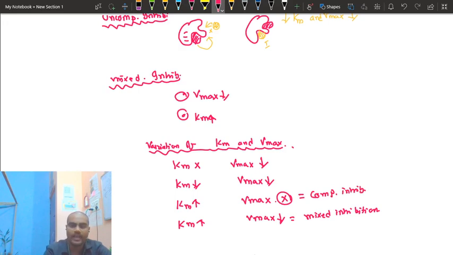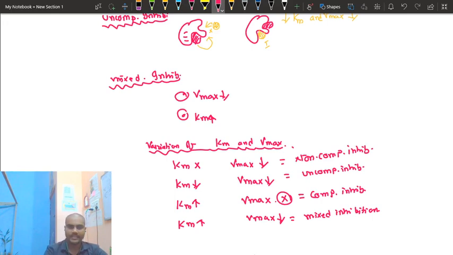Where both Km and Vmax will get decreased, this will be the uncompetitive inhibition. And where the Km will not change, but the Vmax will get decreased, will be the non-competitive inhibition.